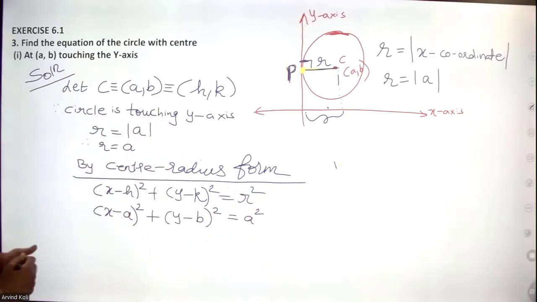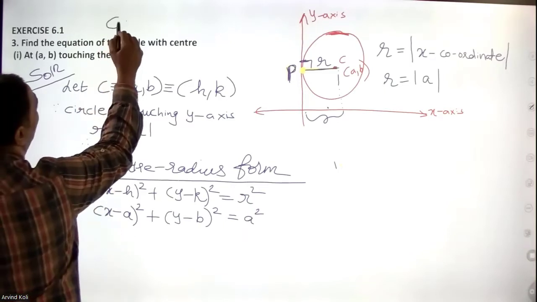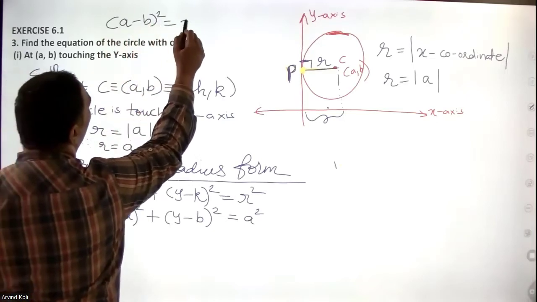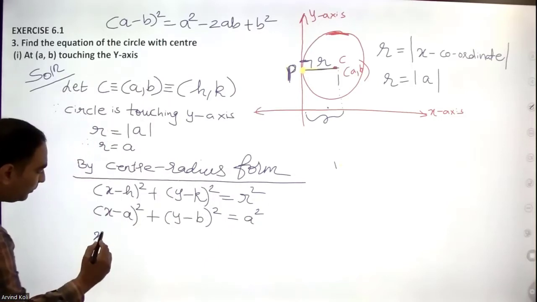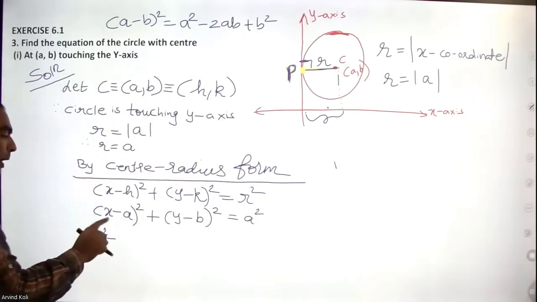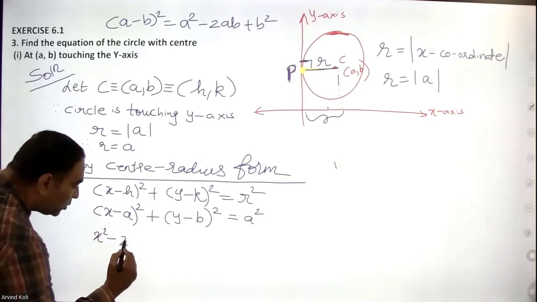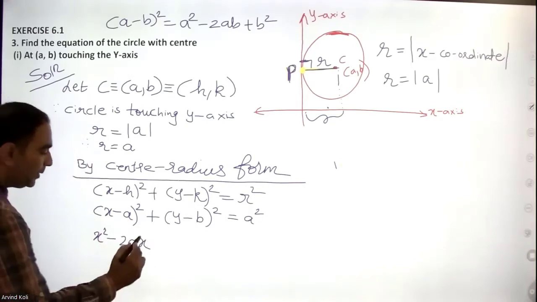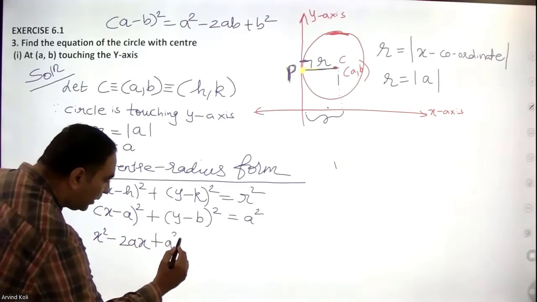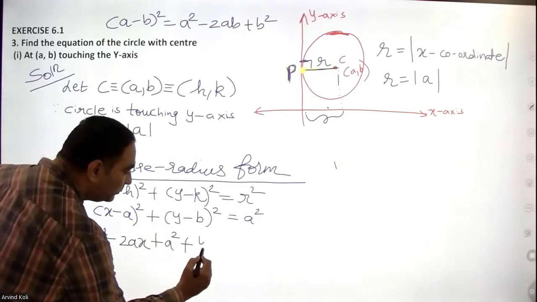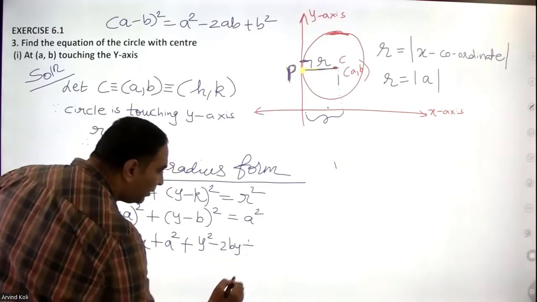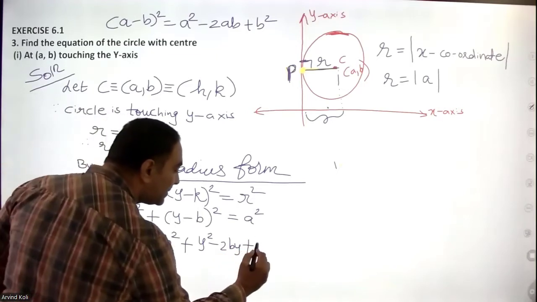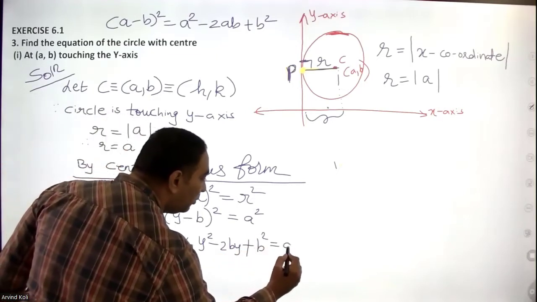All right. Now quickly we apply the formula here. (x minus a) the whole square is of the type (a minus b) the whole square. What was its formula? a square minus 2ab plus b square. So here it becomes x square minus 2 into a into x, that is, multiplied with both, so 2ax plus a square. In the same way here we get y square minus 2by plus b square is equal to a square.